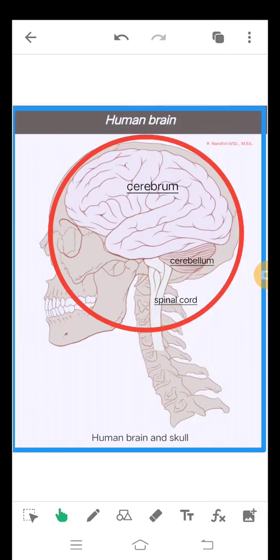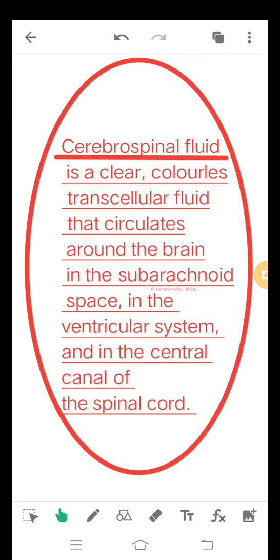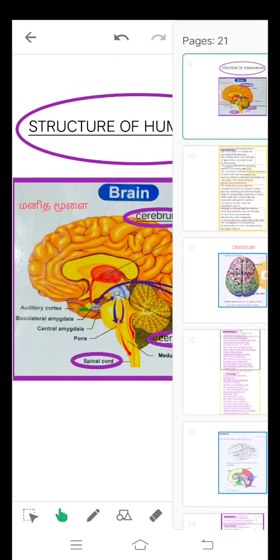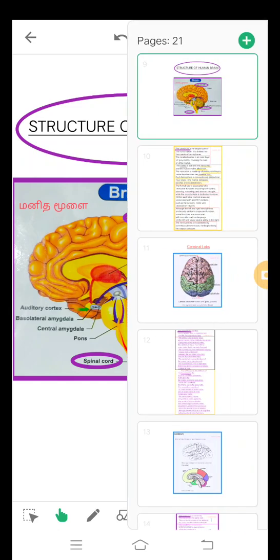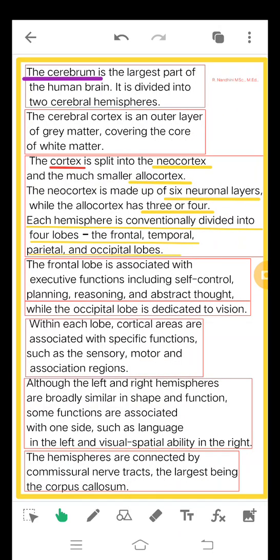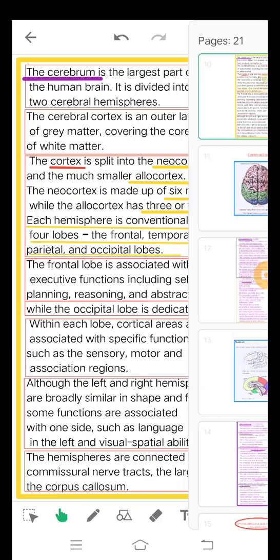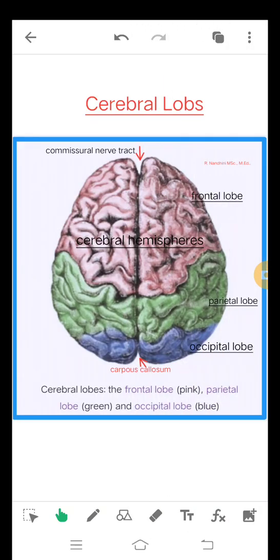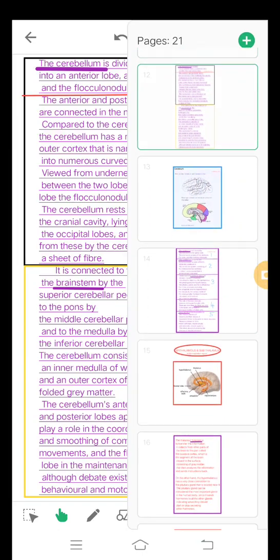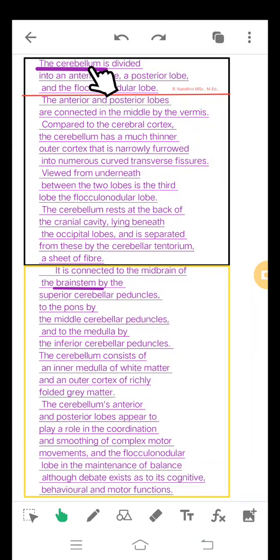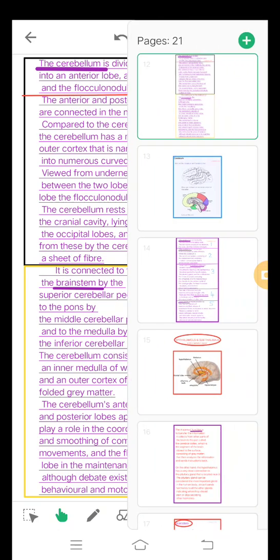This is the structure of the skull and cerebrospinal fluid, and this is the structure of the human brain, and this is the cerebrum, cortex and lobes of the human brain. This is the cerebral hemisphere structure, and this is the cerebellum and brain stem.